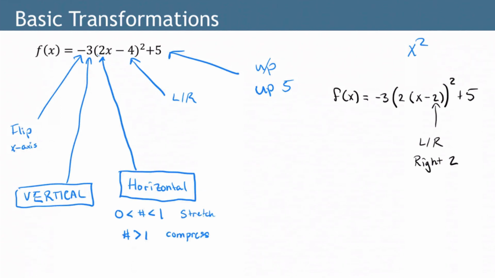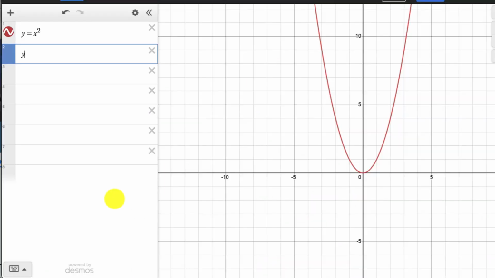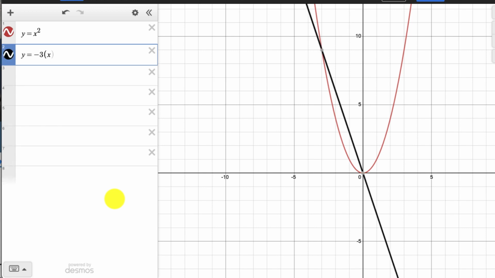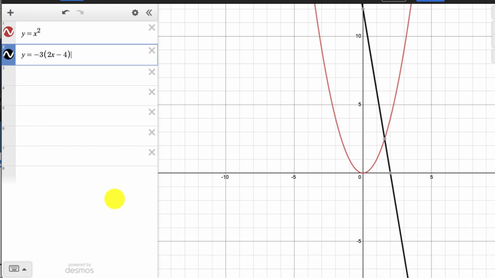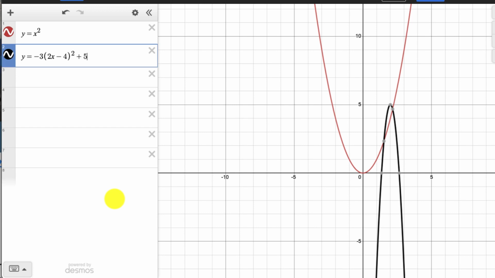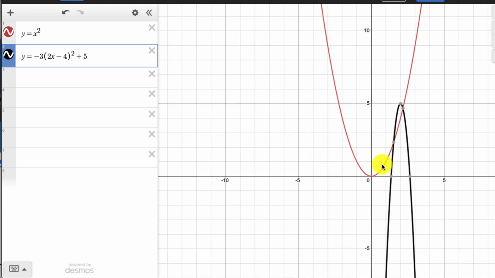So let's see it in action. Let's go back to Desmos. So y equals -3 times 2x minus 4 quantity squared plus 5. And now you can see it is thinner. It's thinner, first of all, because it was vertically stretched, which causes it to get thinner. But then on top of that, I have a horizontal compression that's making it even more thin.